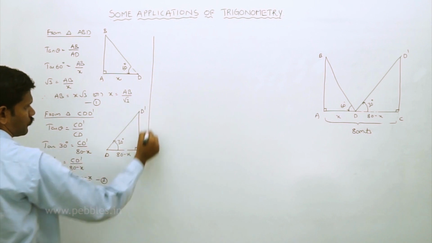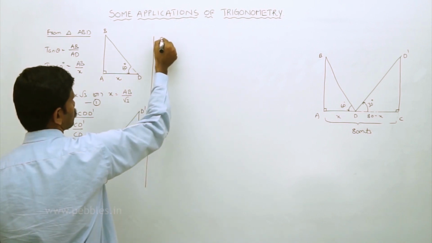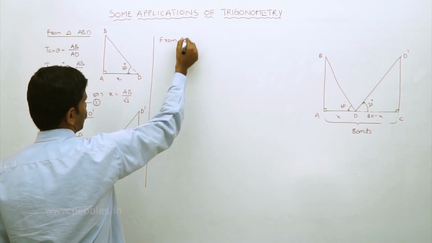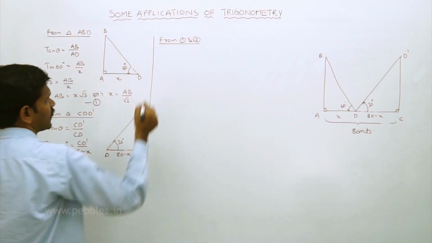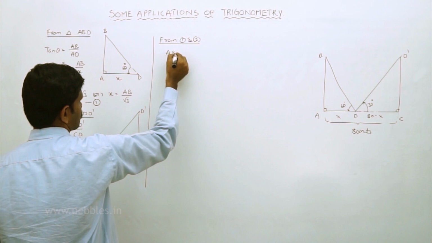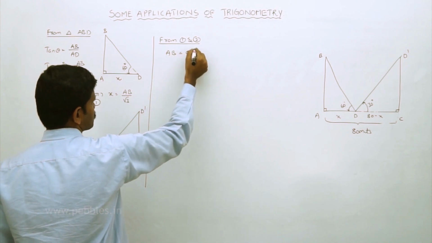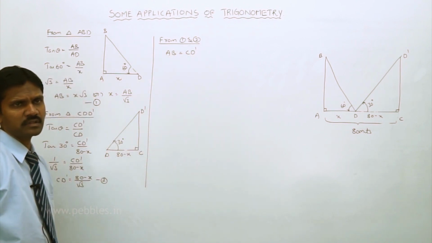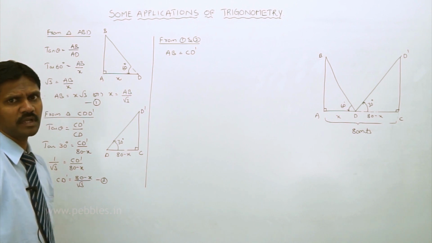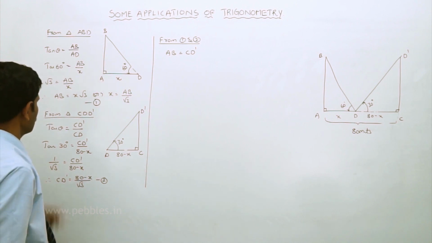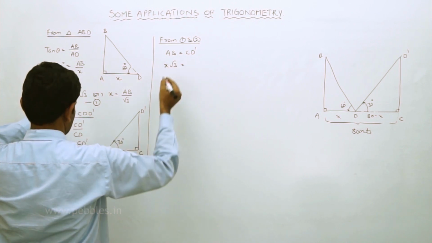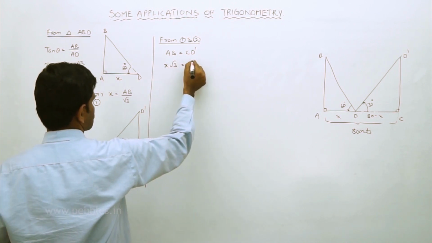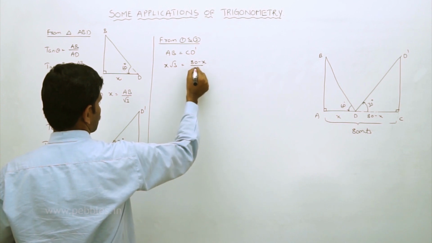Now, from 1 and 2, the two pillars are of equal height, that is AB and CD dash are equal. Now AB value is x root 3, equal to CD dash, which is 80 minus x by root 3.